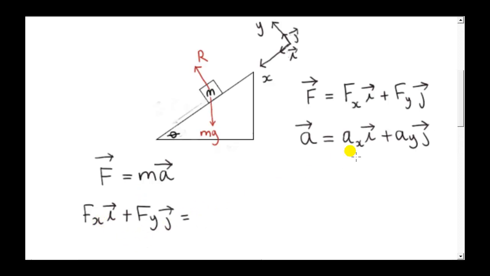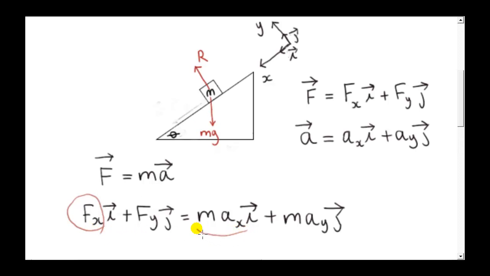So here's the resultant force, and we need to multiply m by vector a. So when analysing a problem of this type, we can consider the x component of the resultant force. That must equal m times the x component of the acceleration, and similarly the y component of the resultant force is m times the y component of the acceleration.